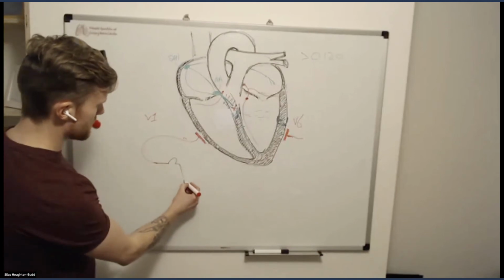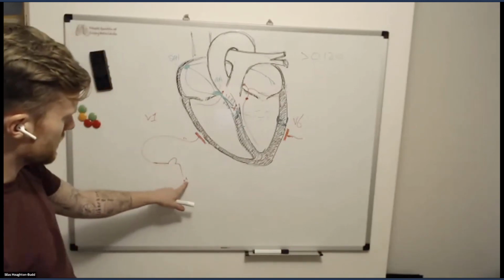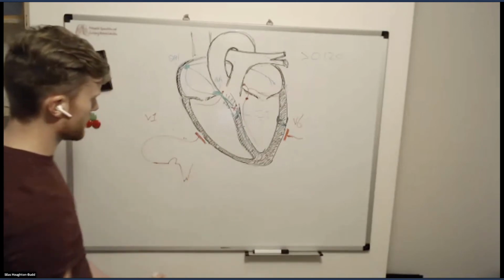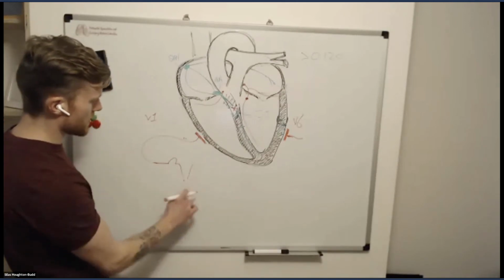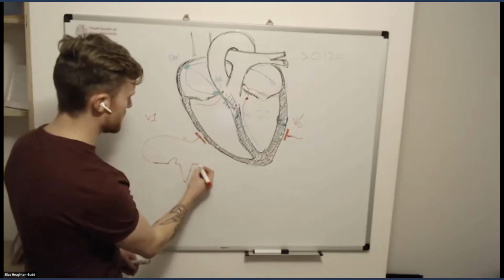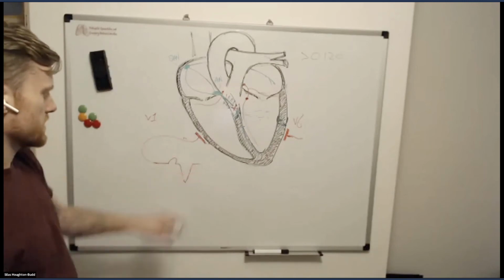And so we can sometimes see a bit of notching in this deep S wave, which comes up like this, or sometimes it can be just a deep spike that moves into our ST segment.